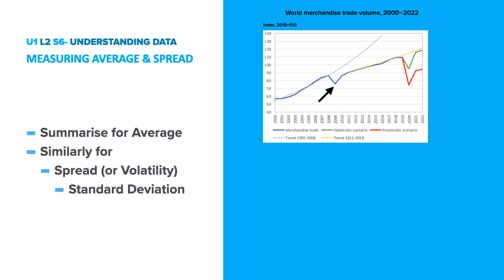But if I look at the trend from 2011 to 2018, that is the yellow dotted line. We were following that trend. But what happened in 2019, late in December, we had this COVID 19, this pandemic.